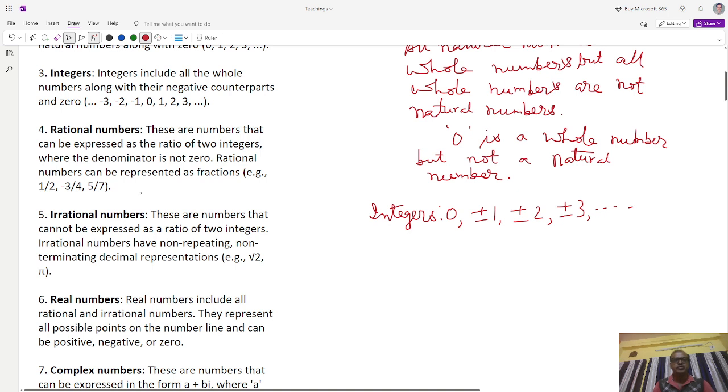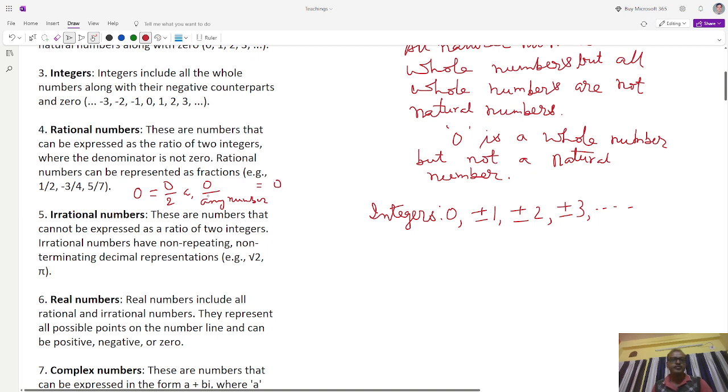So, 0 is a rational number because 0 can be represented as 0 by 2 or 0 by any number, equals to 0.